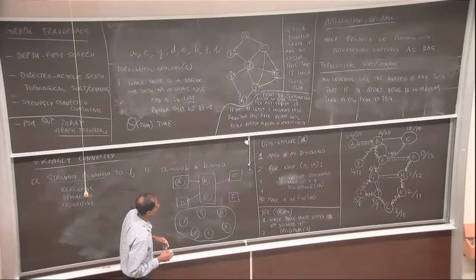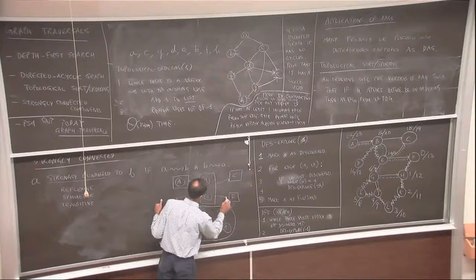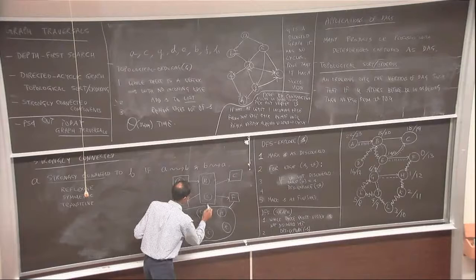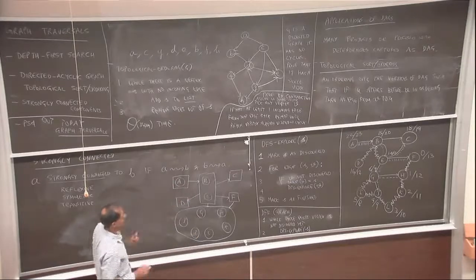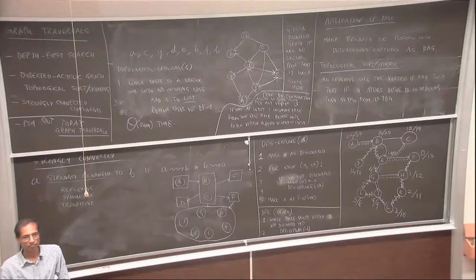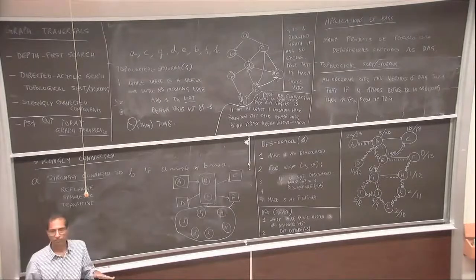What about F? There is an edge from here to here. There is an edge from here. What about E? E has an edge. Okay? Is that clear? What do you notice about this picture?